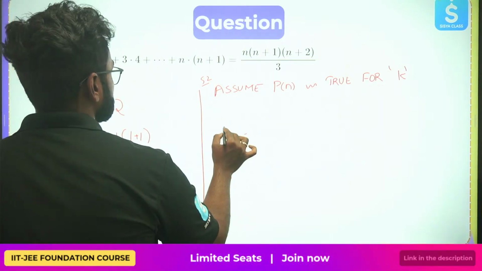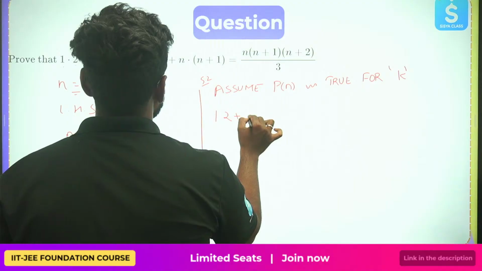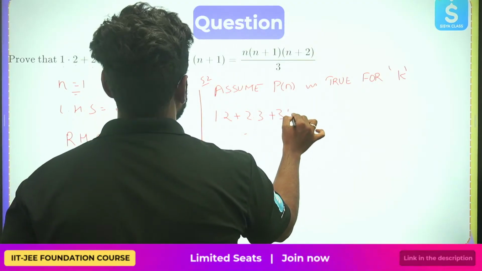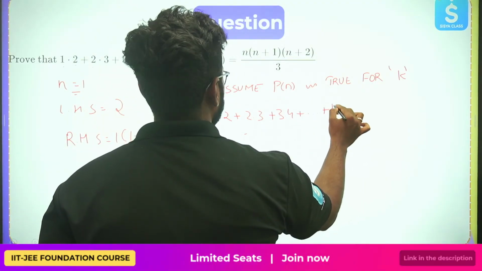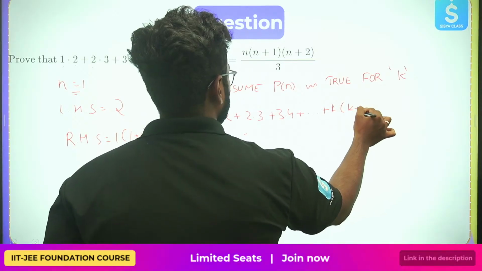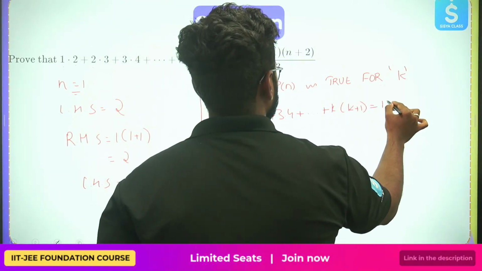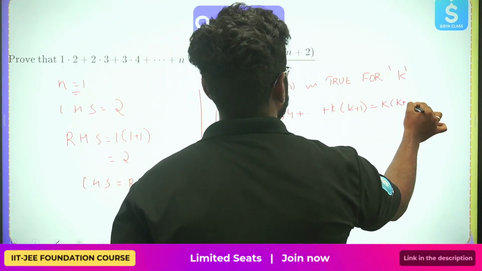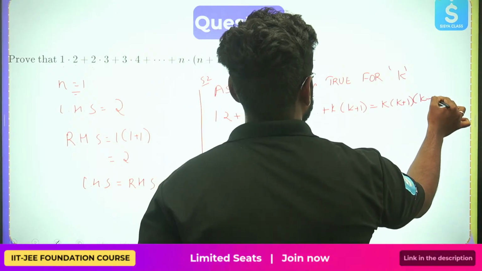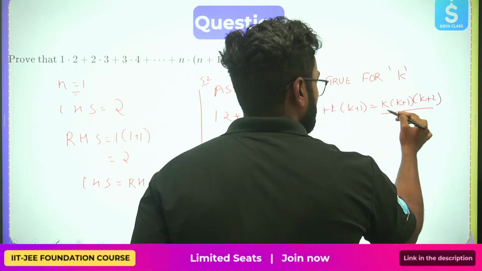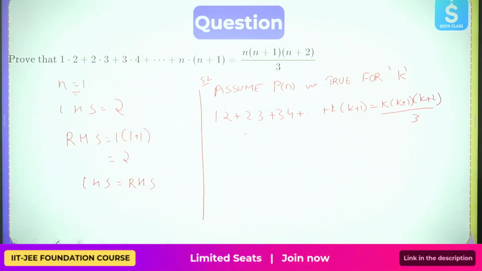I can write this 1 into 2 plus 2 into 3 plus 3 into 4 plus and so on, k into k plus 1 is equals to k into k plus 1 into k plus 2 by 3. This is something I got. What is the next step?